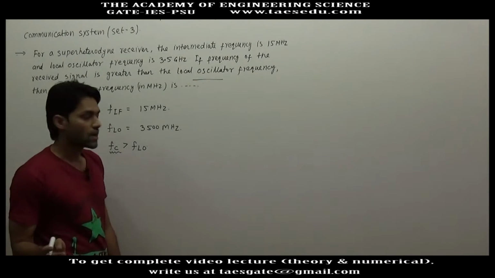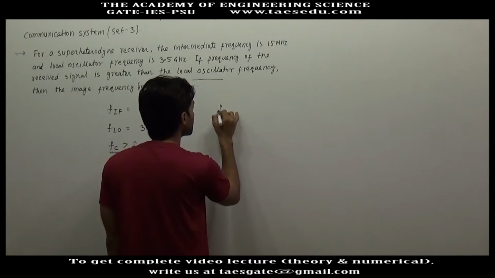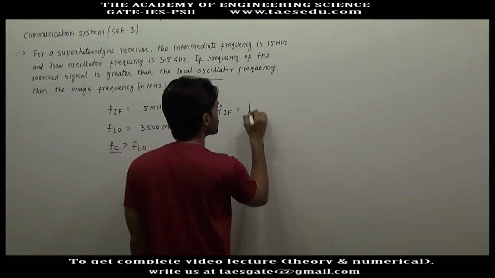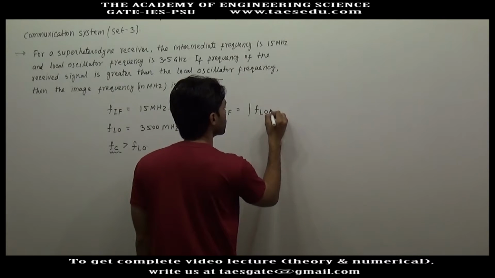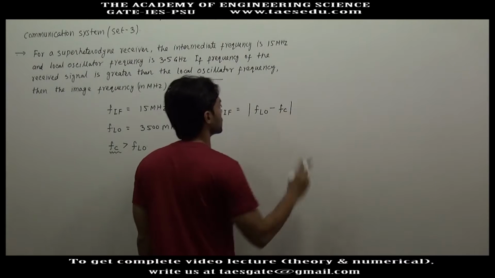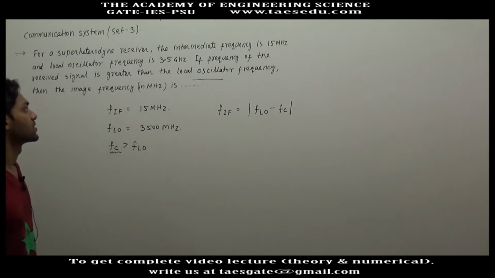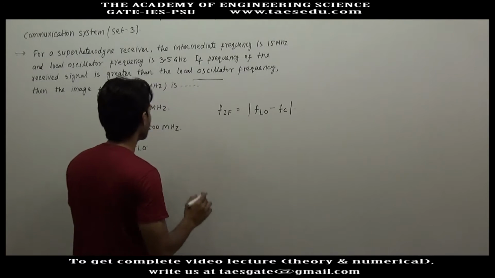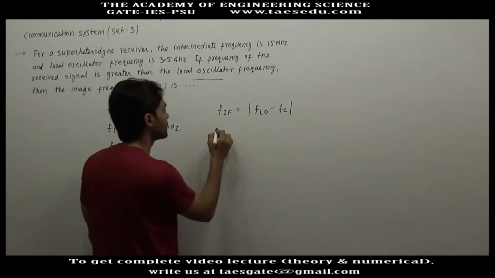In a superheterodyne receiver, we know that the intermediate frequency is the modulus of the frequency of the local oscillator minus the carrier frequency, or the frequency of the station. Now the intermediate frequency is given as 15 megahertz.